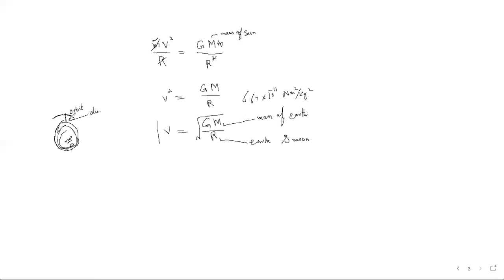Then this distance plus Re, the radius of the Earth, will be the total distance that we use in this equation, and it will give you the value of the velocity.